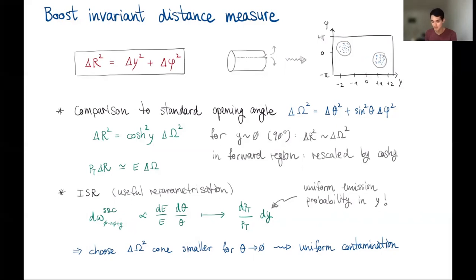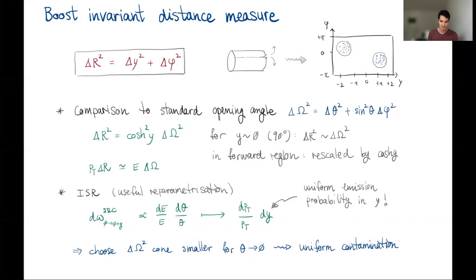However, as I go to the more forward region, so with forward we mean larger rapidity in magnitude, what we see is that delta R is rescaled by cosh. So the effective circle corresponding to delta omega squared, you basically shrink it as you go to more forward regions. And this is a property that is very, very useful.